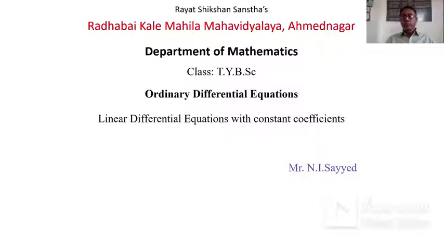We have seen these two theorems, also the proof of these two theorems, and we have seen the examples based on this topic. Now we want to go to the next.